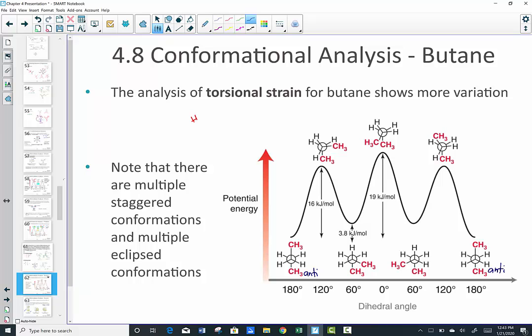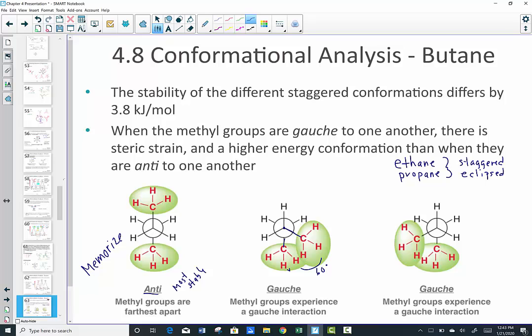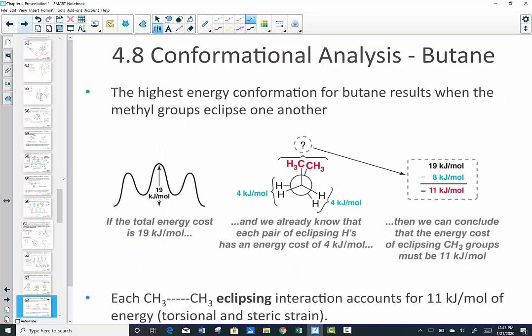The gauche conformation, do you see where they're 60 degrees apart? The gauche conformation shows where the methyl on the front carbon is exactly 60 degrees from the back carbon. That is known as a gauche conformation. And it can be in the front to back or the back to front, is what we had pointed out.